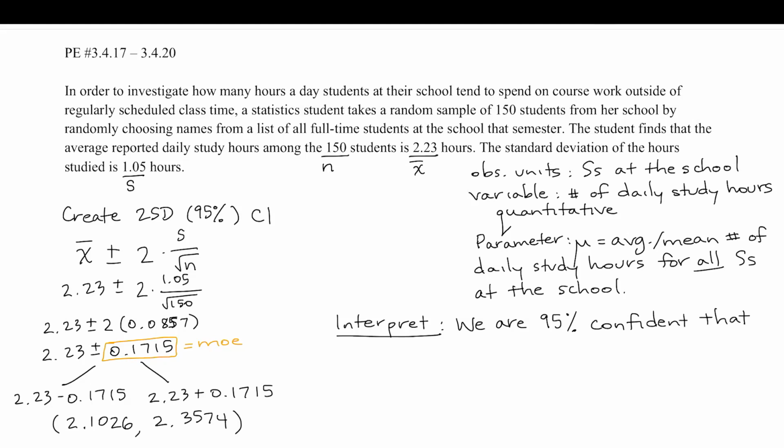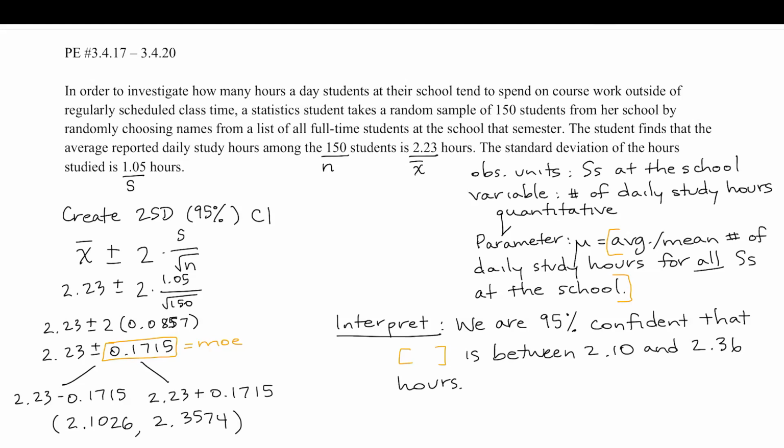That, and again, I'm going to fudge a little bit, the average or mean number of daily study hours for all students at the school, I'd write in that entire phrase, that's the parameter description, is between, and here I'm going to say 2.10 and 2.36 hours.